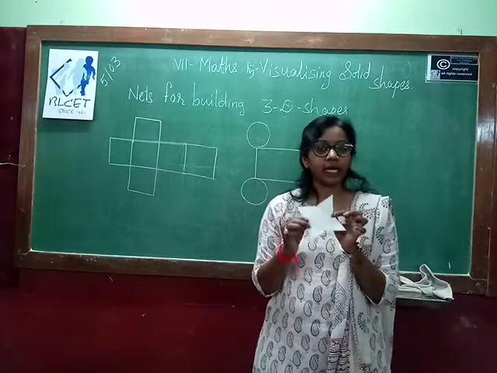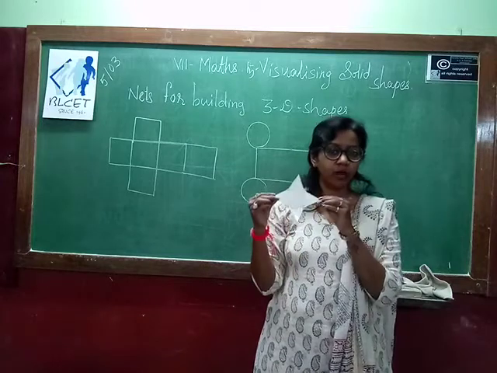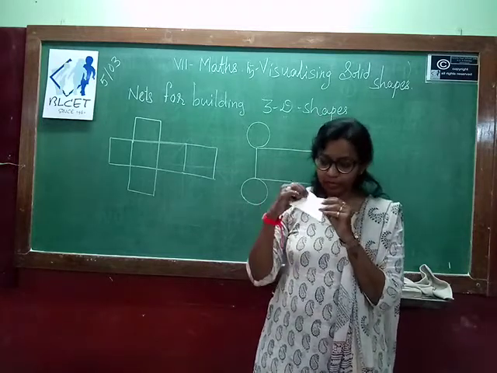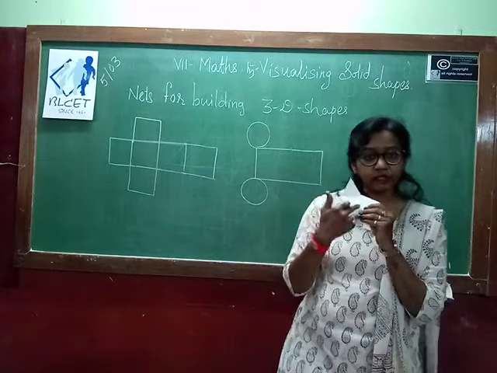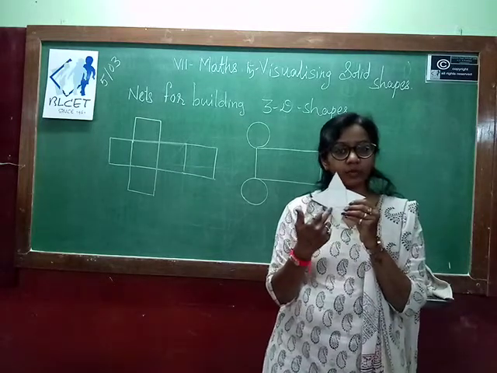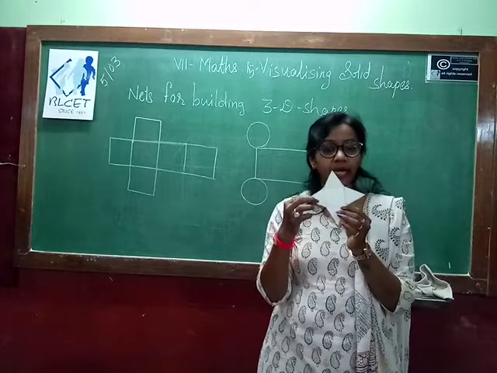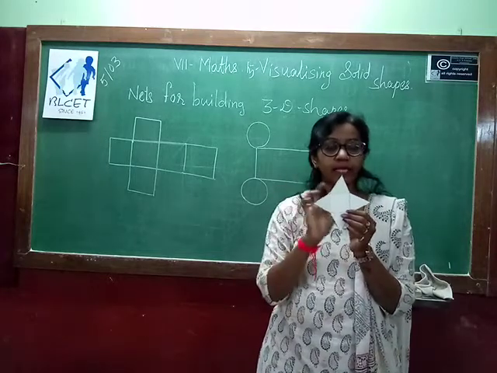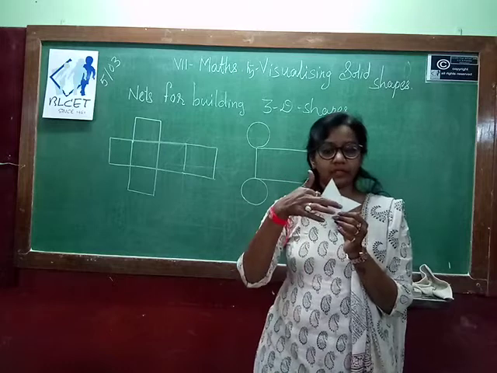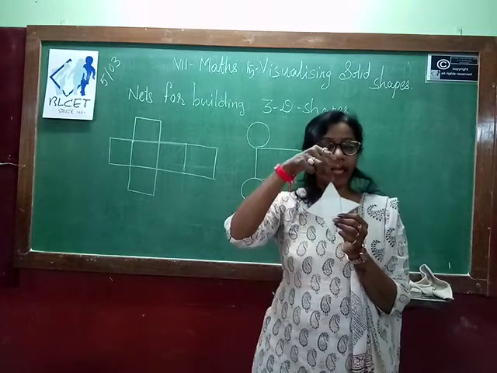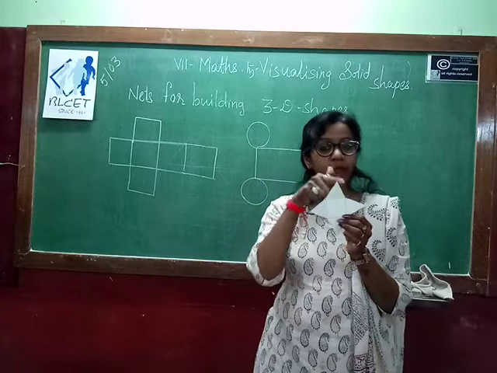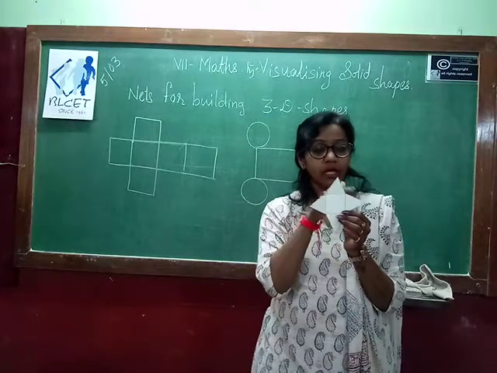I have a quadrilateral pyramid. So this is the net of a quadrilateral pyramid. What you have to do? First of all, this is the square-shaped quadrilateral. All these 4 triangles which I have made, before the triangles you have to make that in the square shape. Then you have to find the center point and the remaining portion you have to cut.